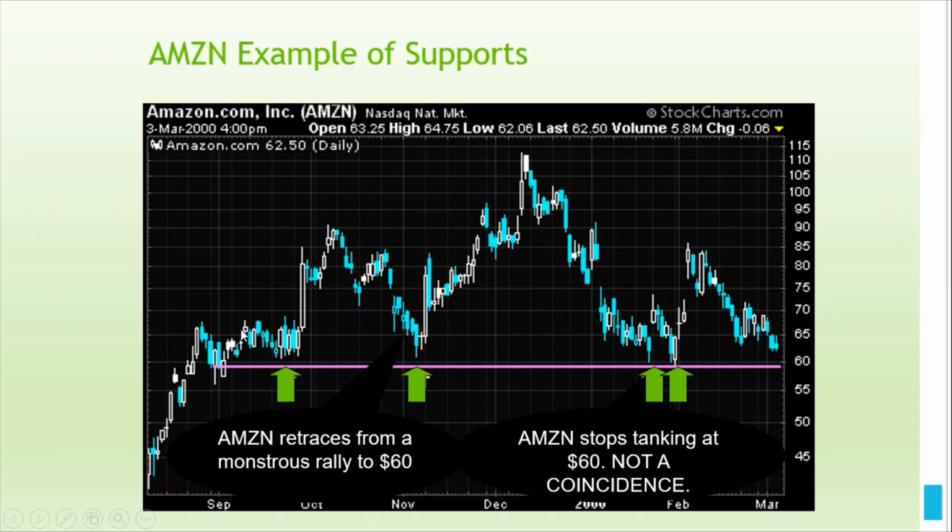And the founder, Jeff Bezos, is the richest person in the world right now, with billions, actually trillions of dollars na yung kanyang worth. But anyway, so for the sake of example lang, so this is a $60 para lang makita nyo yung significance ng support line. Okay, at first, nung October, nung first time niya ma-reach yung $60 price.